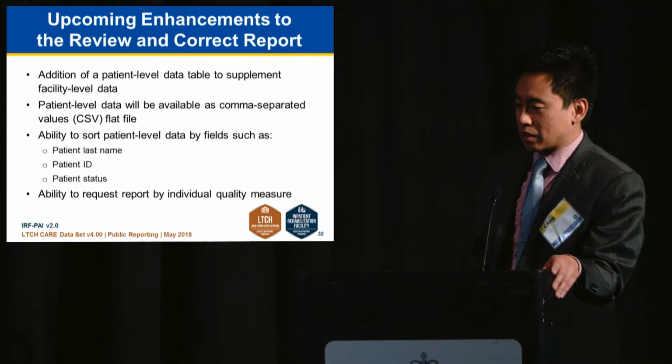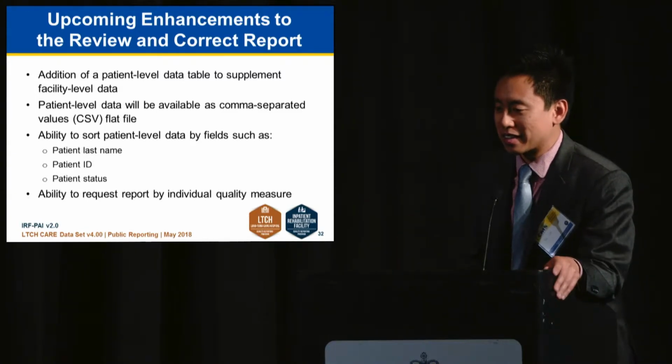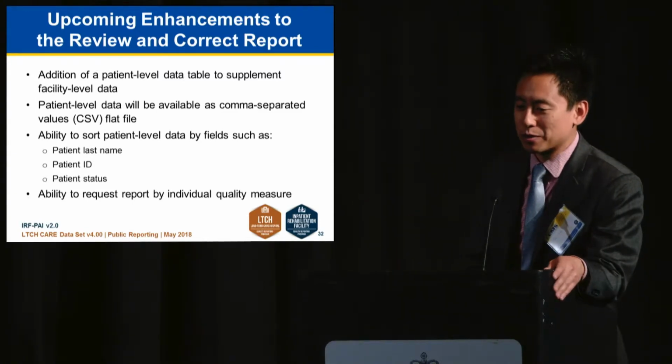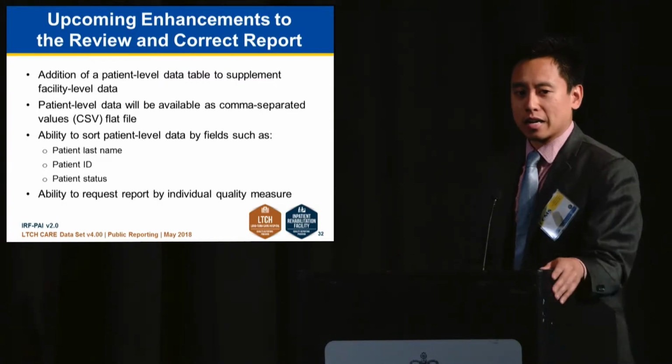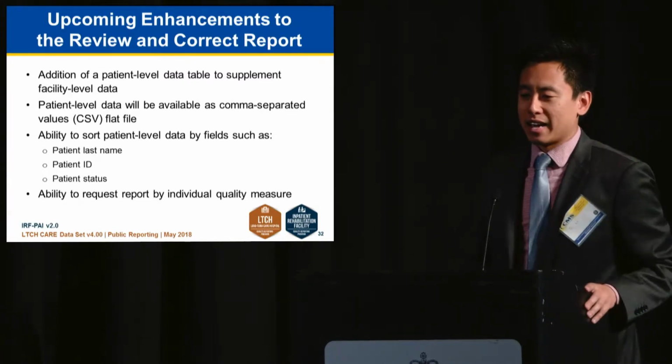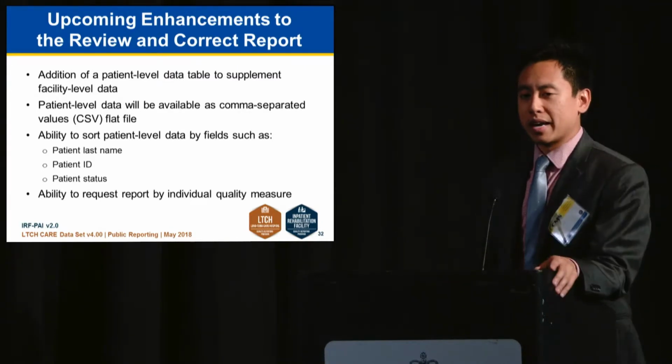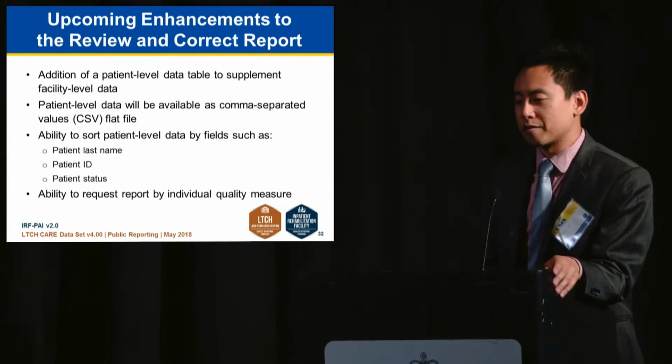So we have some exciting enhancements coming up with the review and correct reports. We've listened to a lot of your feedback, and there will be upcoming enhancements to the review and correct reports for spring 2019.